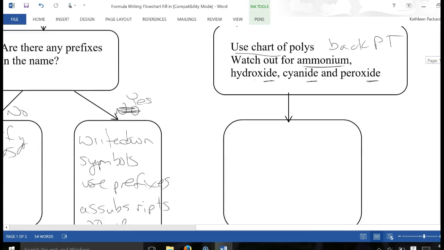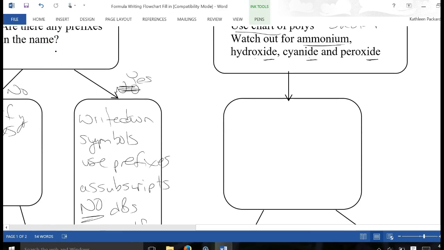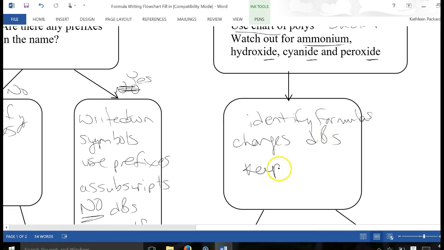They are not one of the ones on the front like the previous one. So for these, you want to identify the formulas. You want to do the charges, and you want to drop and swap. And you want to keep the parentheses if the number outside is anything other than 1.